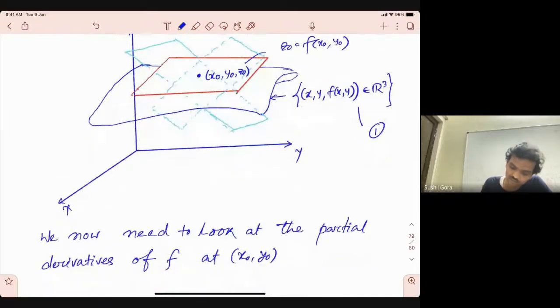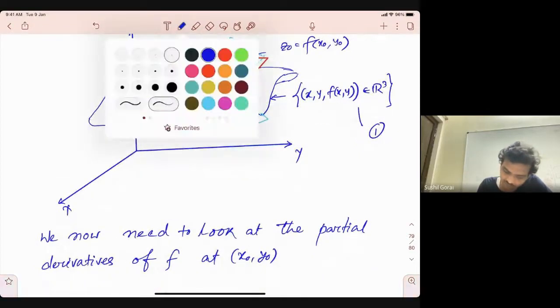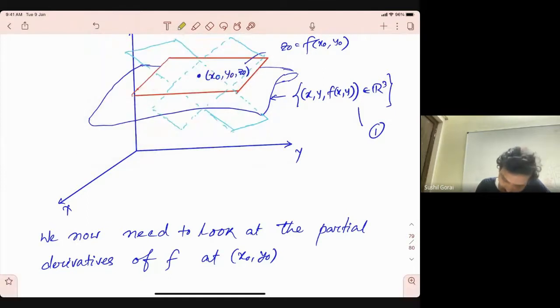So let's look at the point here. Let's look at the thing as follows. This corresponds to some point here, say x naught comma y naught in the xy plane, right? So these are the general equations. We are not actually interested in those as such.